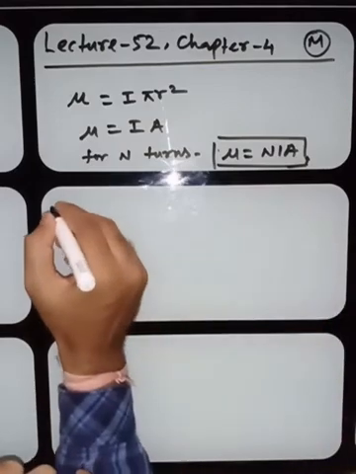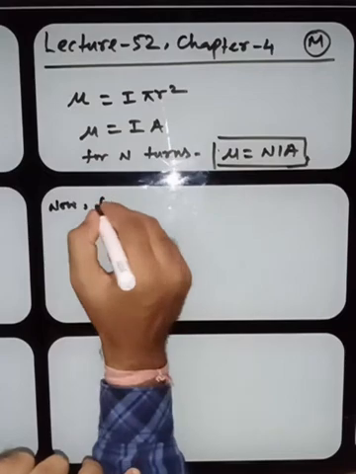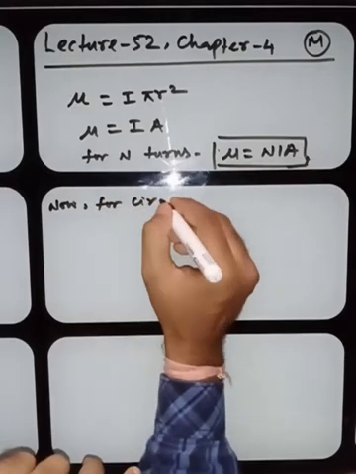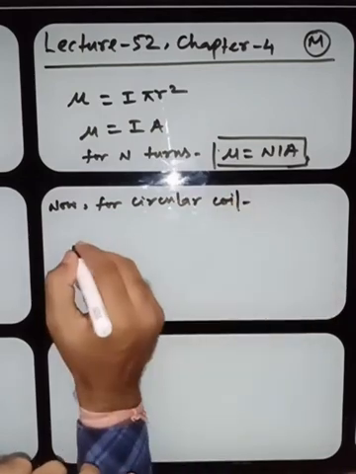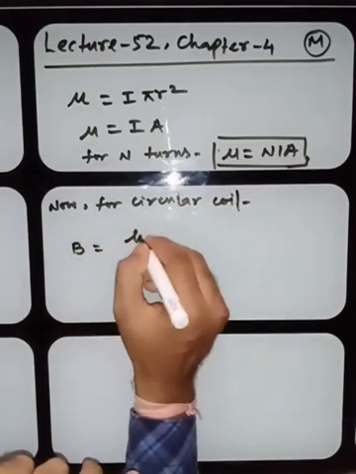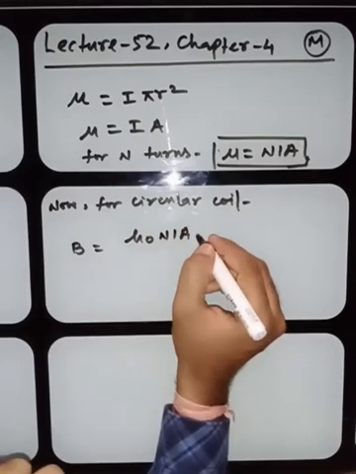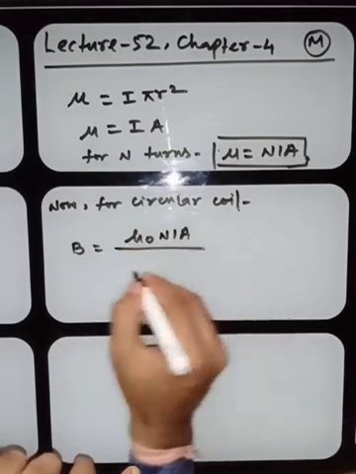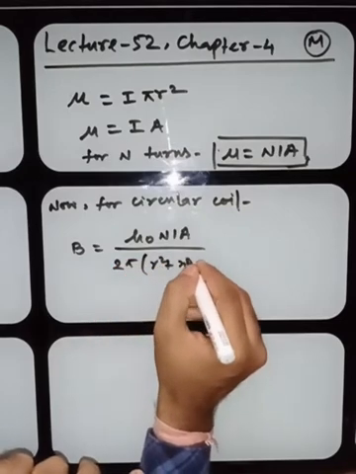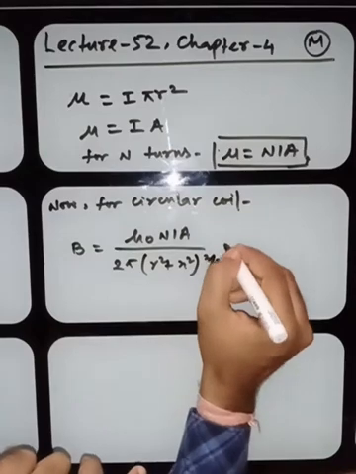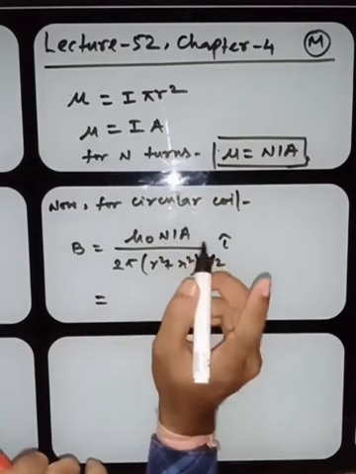Now for a circular coil, we can write the magnetic field as mu naught NIA, for n turns actually, I'm telling my dear student, divided by 2 times (r square plus x square) to the power 3 by 2, I cap. Yes, it was. Now this NIA can be written as mu.